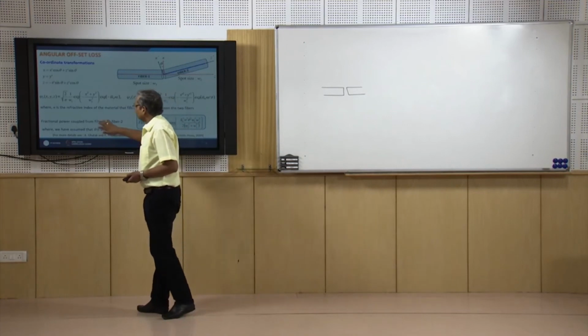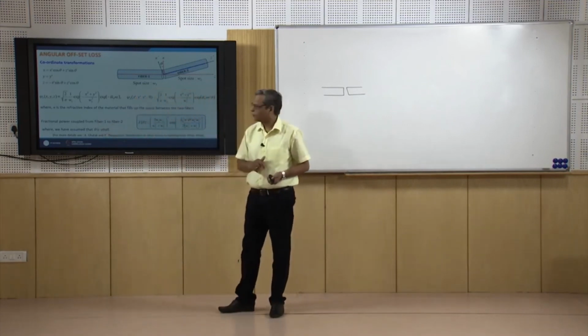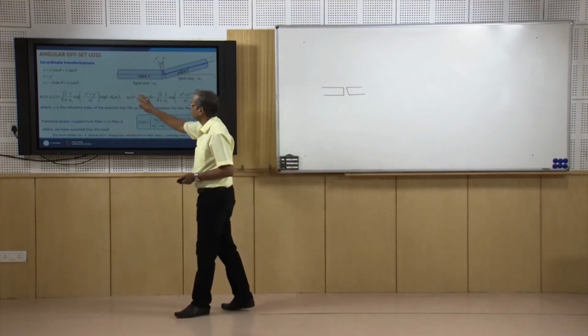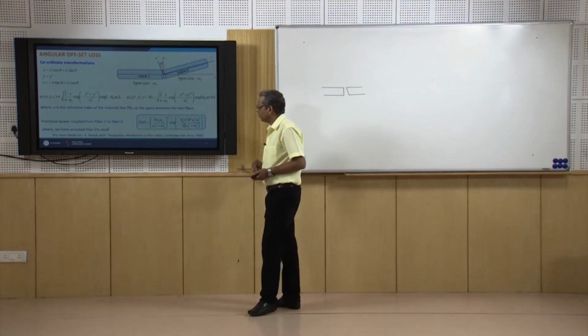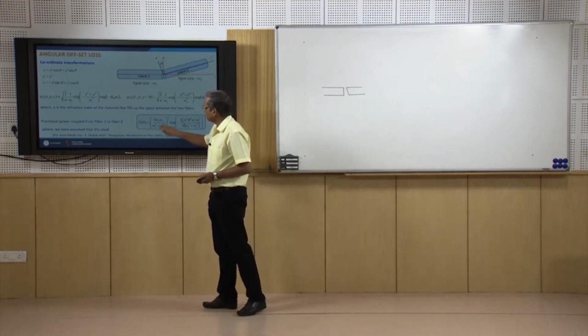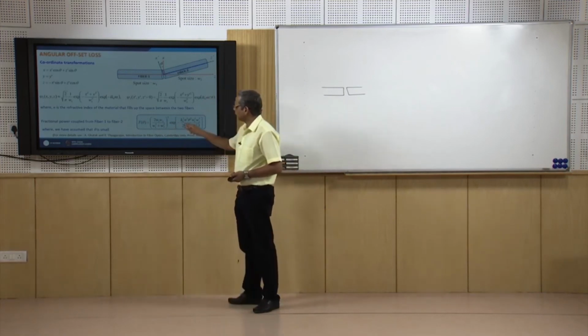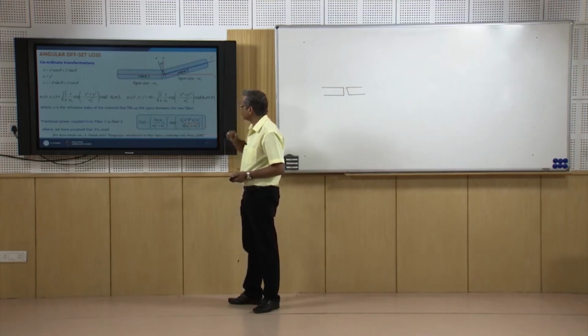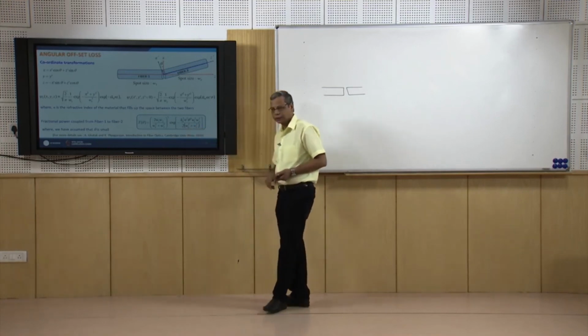So again I can find out the fractional power coupled from fiber 1 to fiber 2, okay, by taking the overlap of these Gaussians, and then it comes out to be T theta is equal to 2 W1 W2 over W1 square plus W2 square whole square, exponential minus k naught square n square theta square W1 square W2 square divided by 2 W1 square plus W2 square.